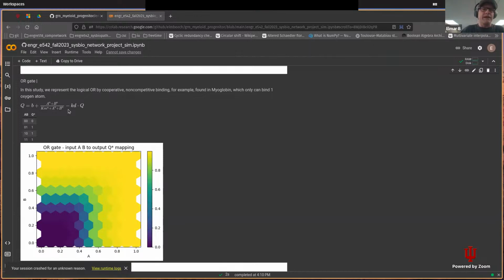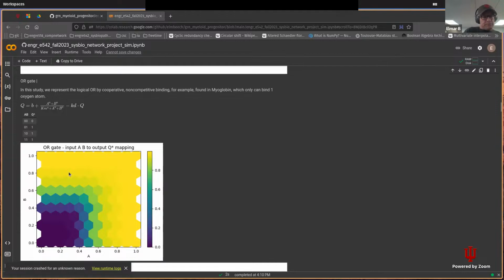And there would be a different way to do it. What I have chosen here is the cooperative non-competitive binding, and that's similar to the binding we have in myoglobin, where we can only bind one oxygen atom, but there would also be the competitive binding, like we, for example, have in our blood cells, where we can bind more than one oxygen molecule.